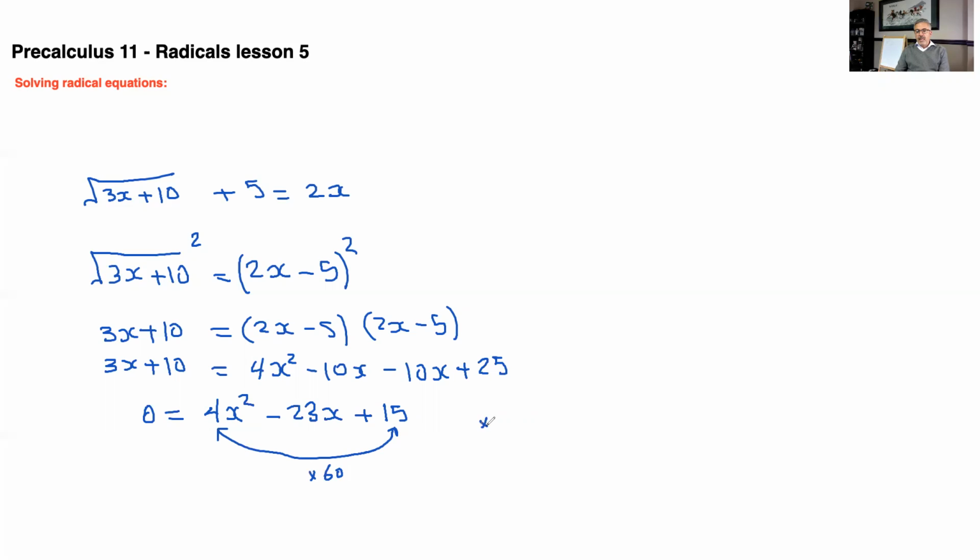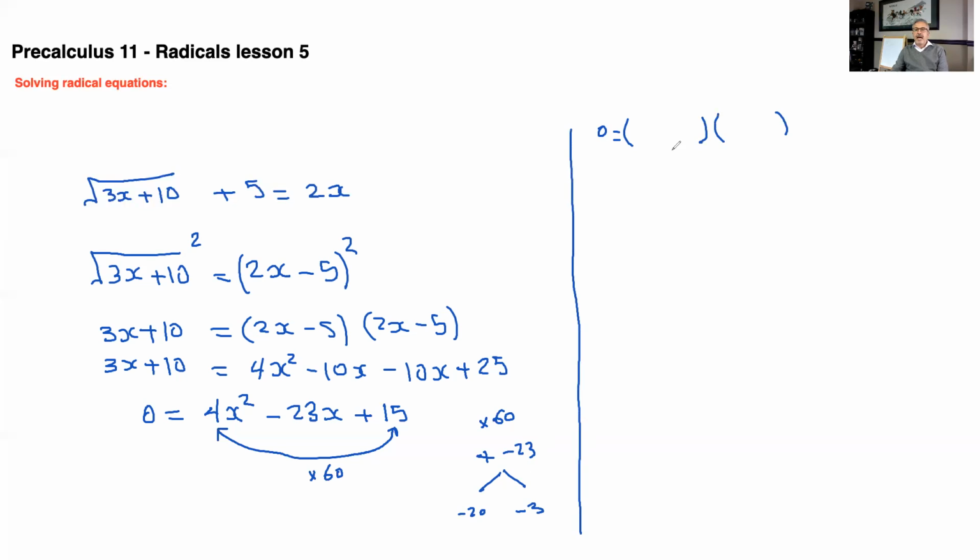So what multiplies to give me 60 and adds to give me that middle number, which is negative 23? I'm just gonna take this to the other side. So 0 equals, I'm gonna factor this. The two numbers that will multiply to 60 and add to give me negative 23 are negative 20 and negative 3. They multiply to give me positive 60 and they add to give me negative 23. So that's what I'm gonna write here.